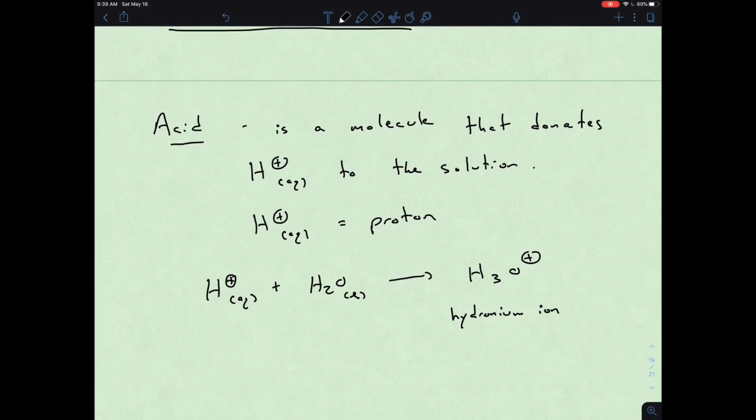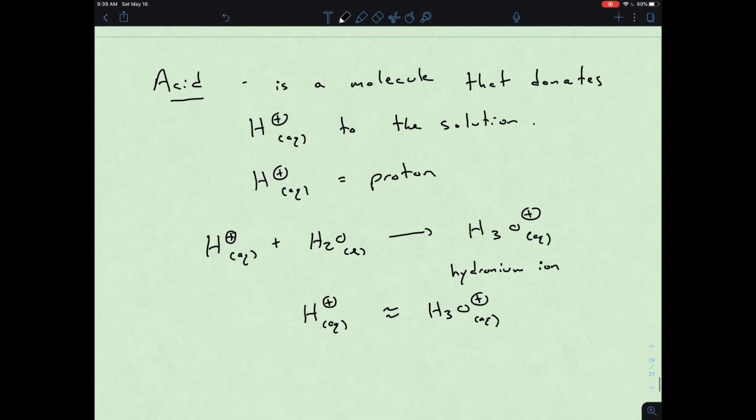So H plus is really saying the same thing as H3O plus. For right now, I'm just going to keep it simple with just the H plus idea.